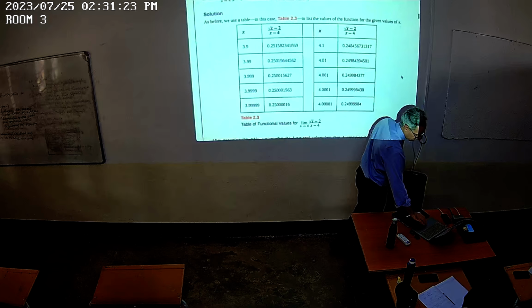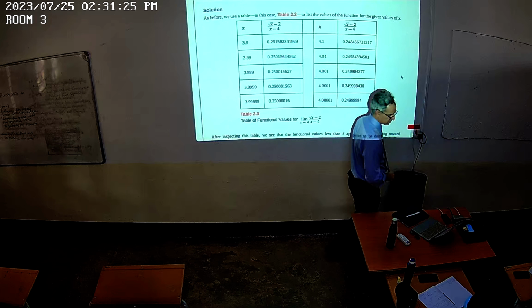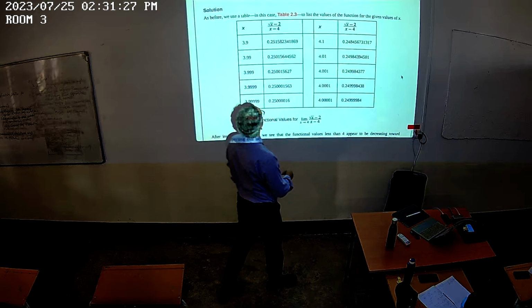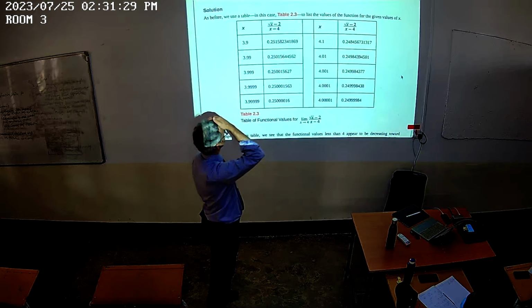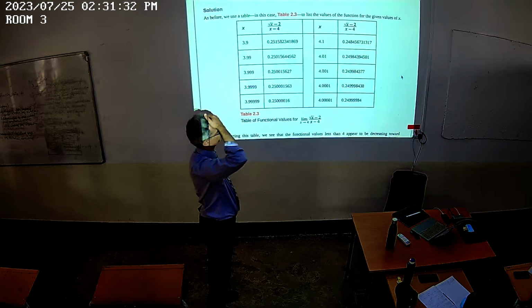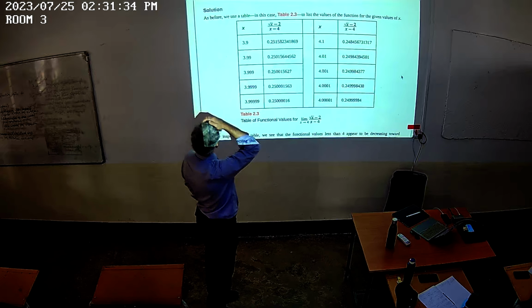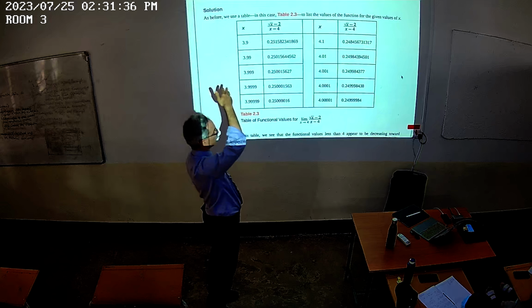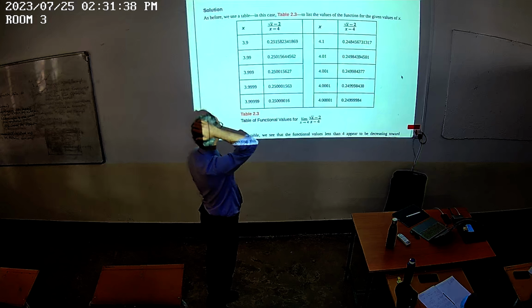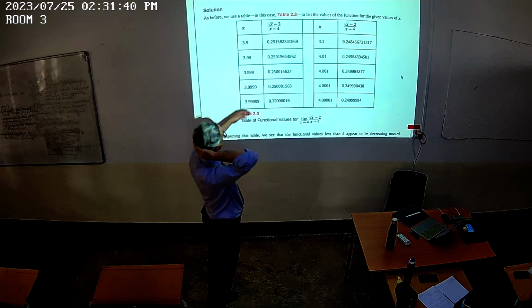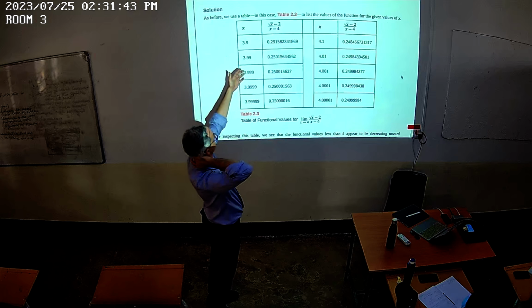So here's another example of a different function. The function is square root of x minus 2 divided by x minus 4. And the question is, as x approaches 4 in this case, what is the limit? So at the point 4, first of all, this is not defined.